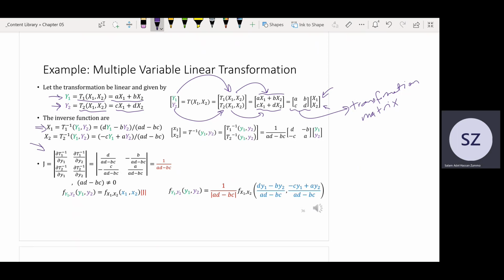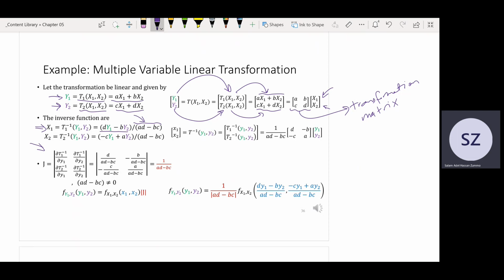So I divide by this term, and I get x1 as dy1 minus by2 divided by ad minus bc, the term we will talk about. This gives me x1. Now, it is the simple process of solving two equations with two unknowns.